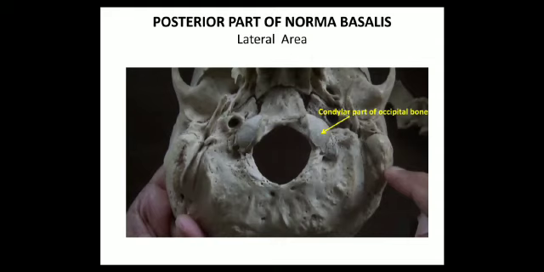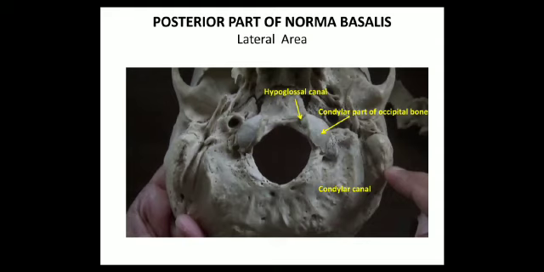The condylar part of the occipital bone is oval in shape and is situated on each side of the anterior part of the foramen magnum. In front of it, there is a canal known as the anterior condylar canal, also known as the hypoglossal canal.